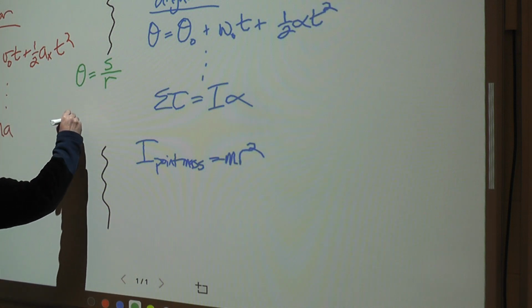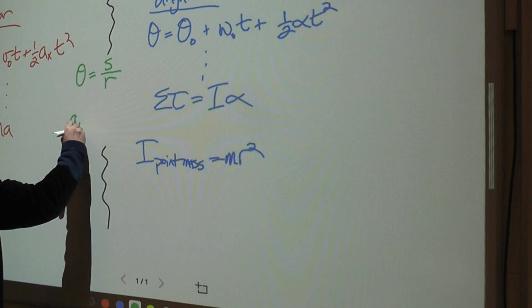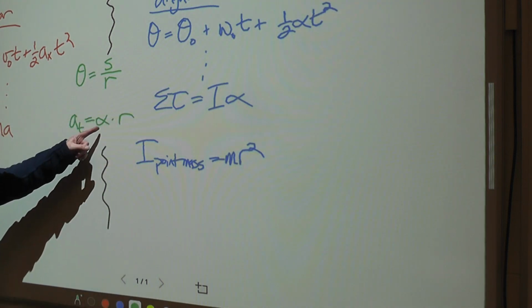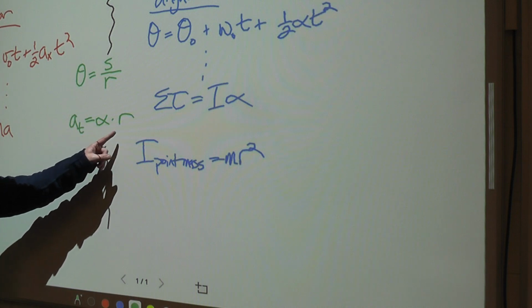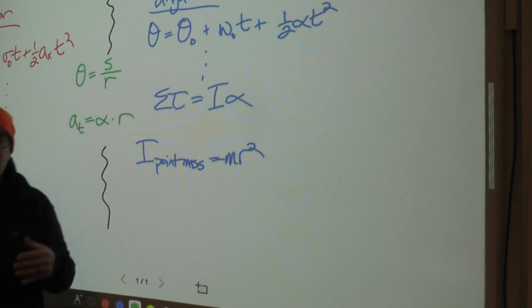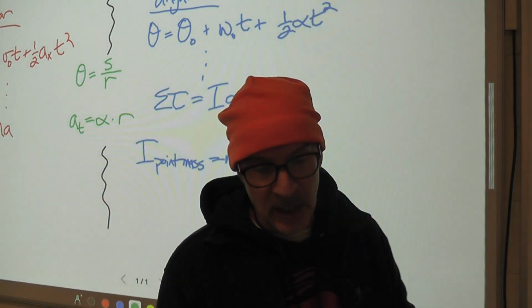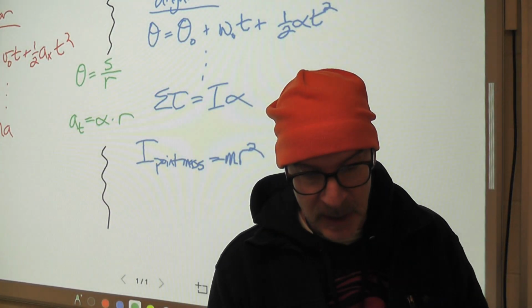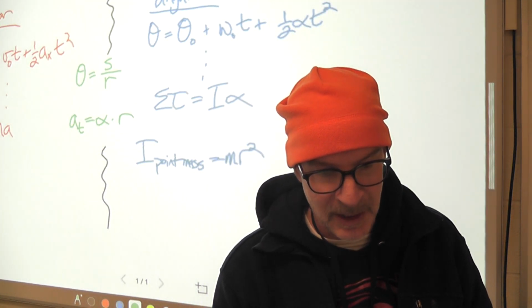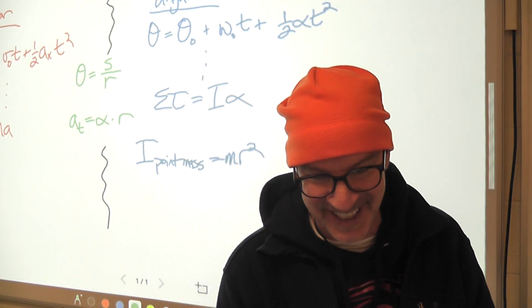And if we know an object's angular acceleration, we can find its tangential acceleration if we know how far it is from the center of rotation. And taking all these equations, knowing how and when to apply them, allows us to solve a whole bunch of relatively complicated problems that I'm probably not going to be able to write because I don't seem to be able to select pens with this thing.